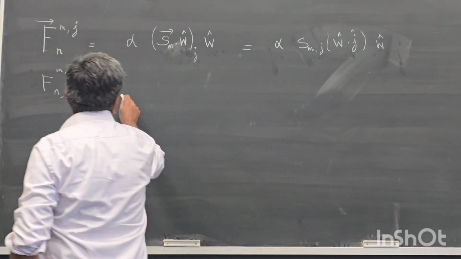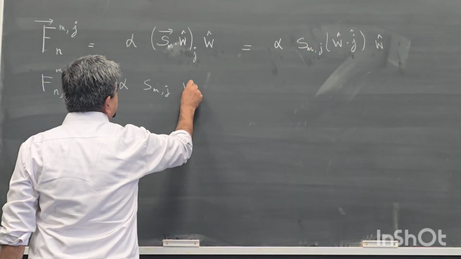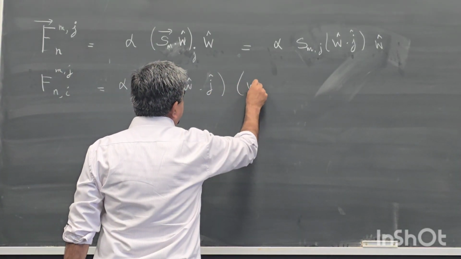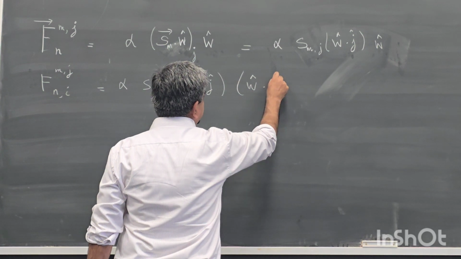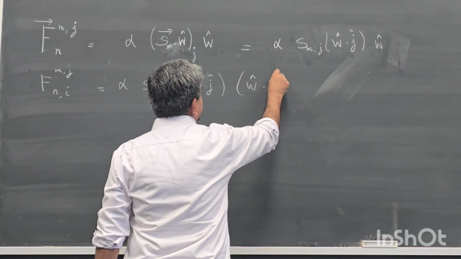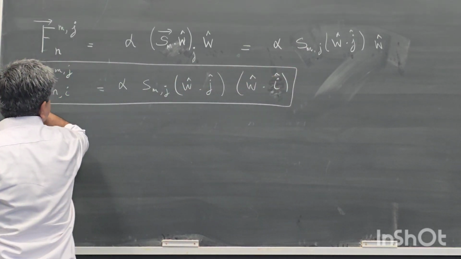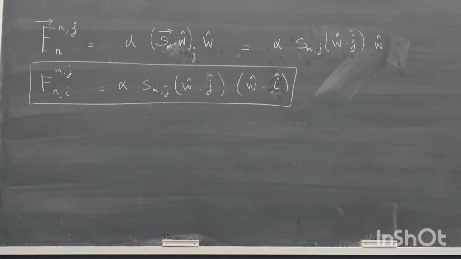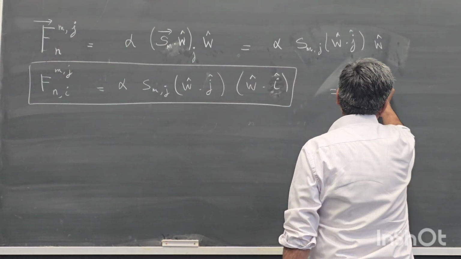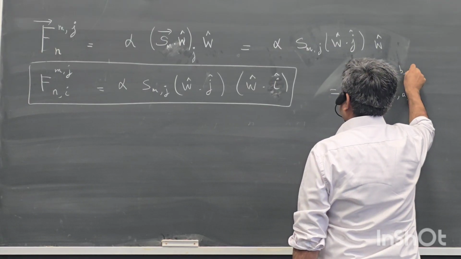So I will be left with alpha S m j, W unit vector i. So this really is, in my two-dimensional problem, my phi n i m j.